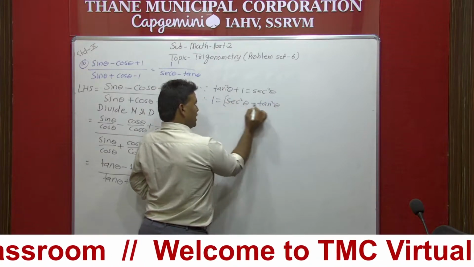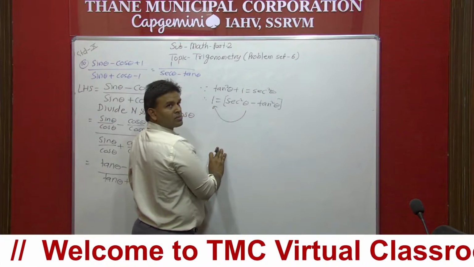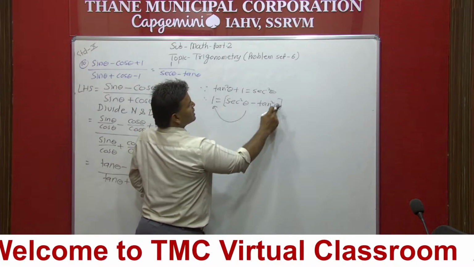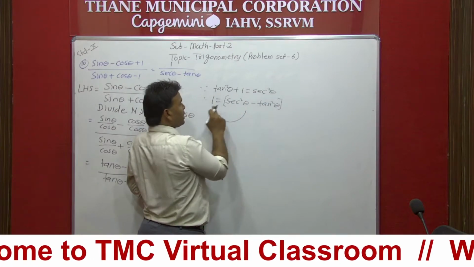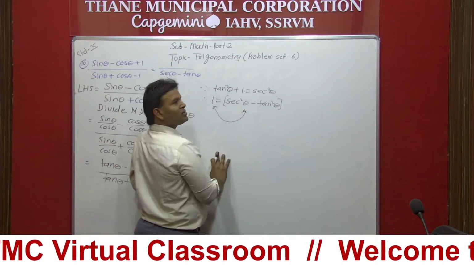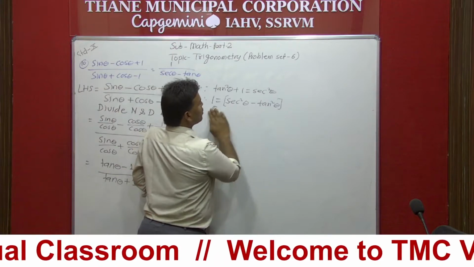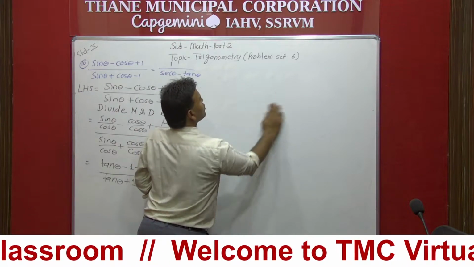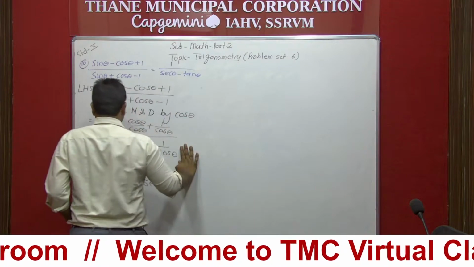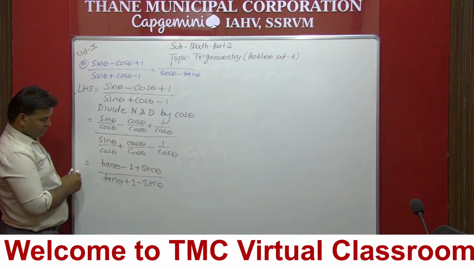Now sec square theta minus tan square theta is nothing but 1. So instead of 1, I am going to write sec square theta minus tan square theta. Then finally I'll get one of the most important steps in my solution. Now pay attention here. Just see this one.